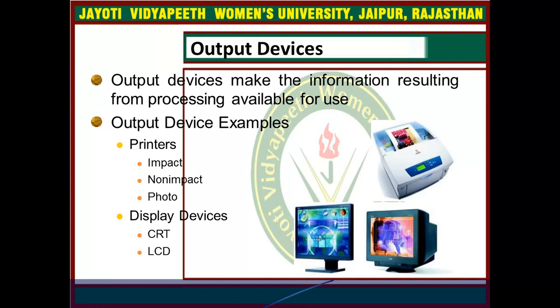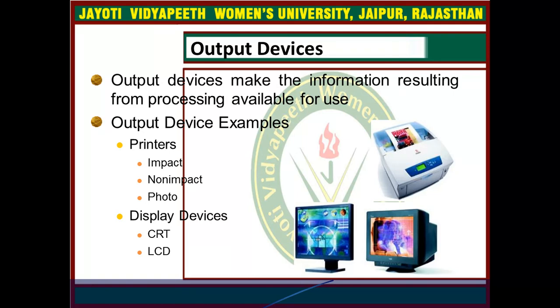Now come to the output devices. Output devices make the information resulting from processing available for use. Examples of output devices are printers, which are basically categorized into impact, non-impact and photo printers. The second one is the display device, a display in the form of CRT and LED.